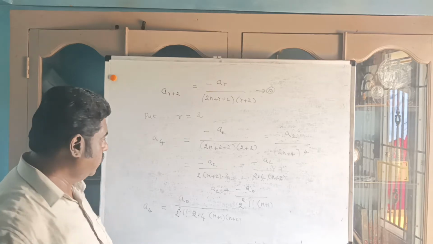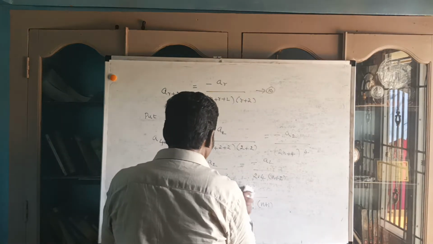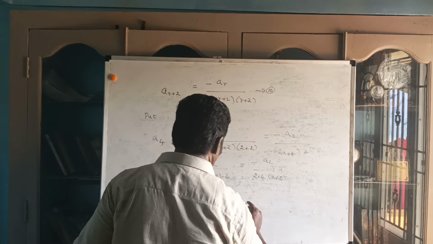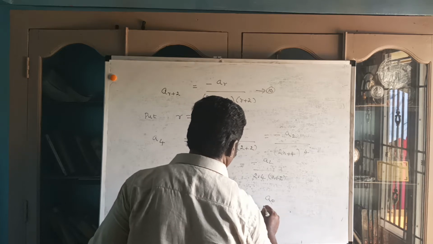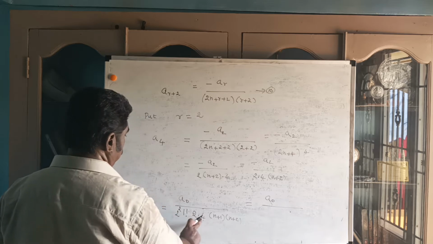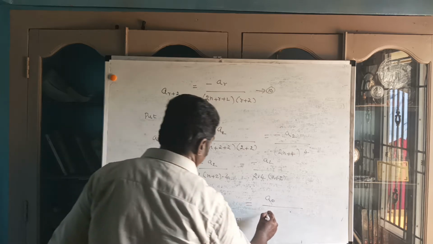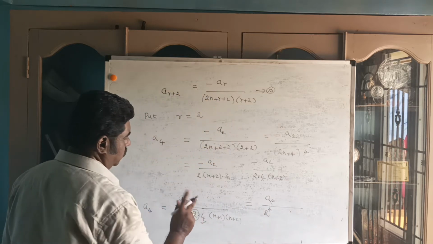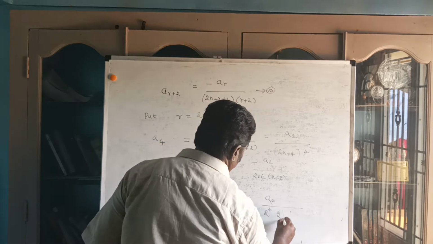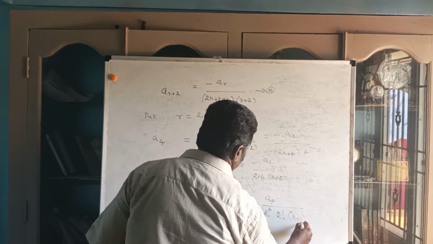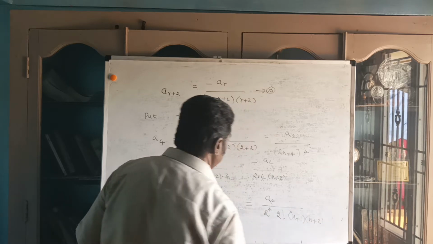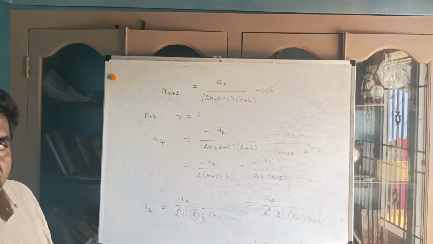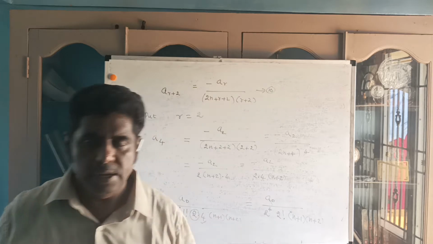So A4 equal to A0 divided by 2 power 4, 2 factorial, (n + 1) into (n + 2). This is the value of A4.